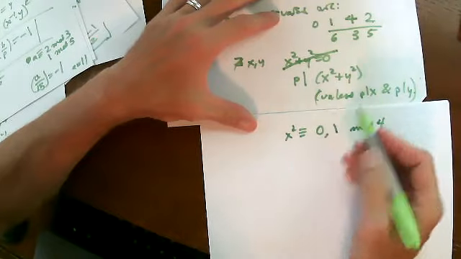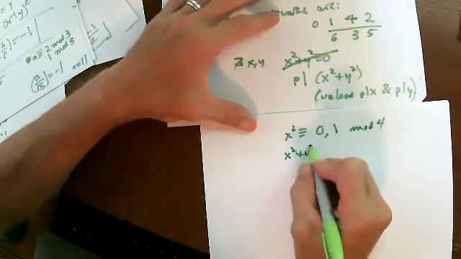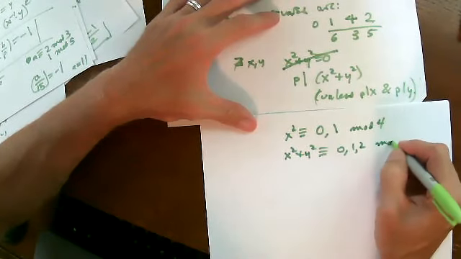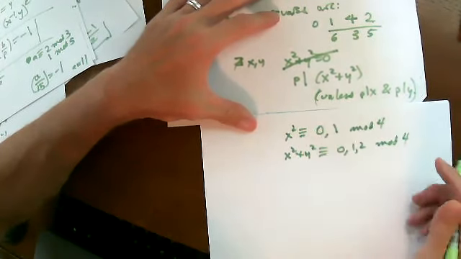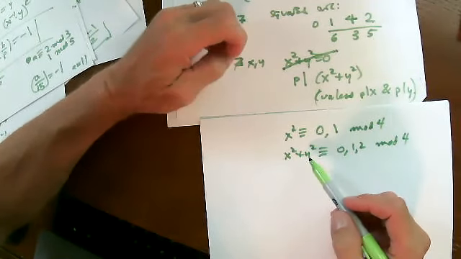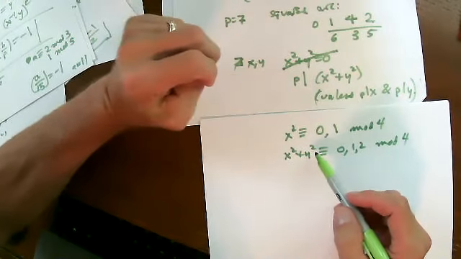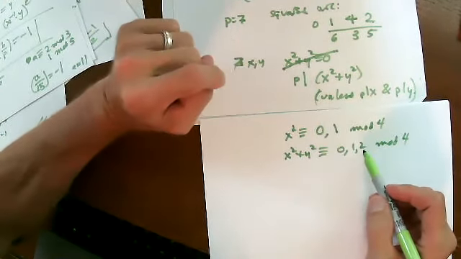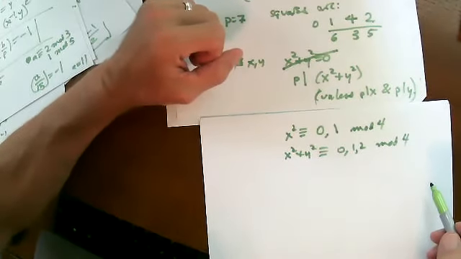So when you add two squares together, that means that x squared plus y squared can only be congruent to 0, 1, or 2 mod 4. So just like the problem that I gave you on the exam, if I had asked you which numbers could be written as a sum of 2 squares, you could have told me, hey, no number that's ever 1 less than a multiple of 4 is ever going to show up in this way.